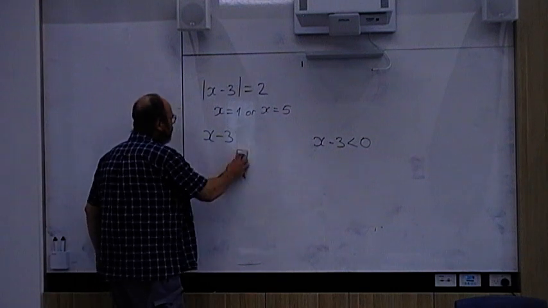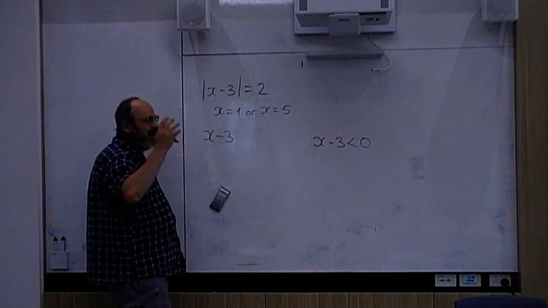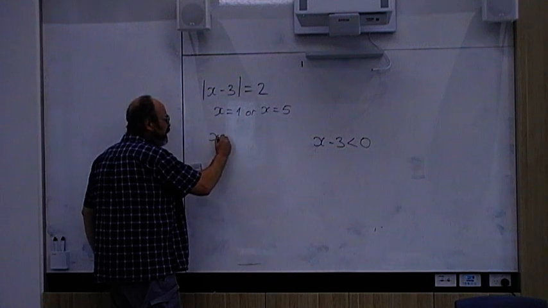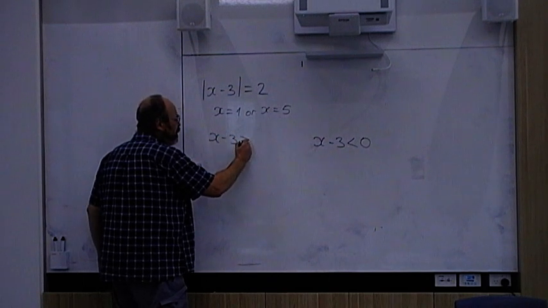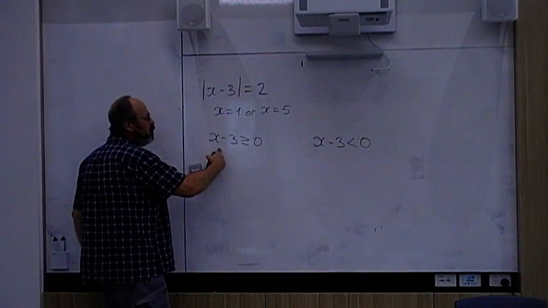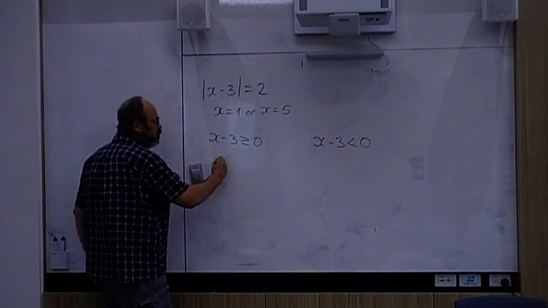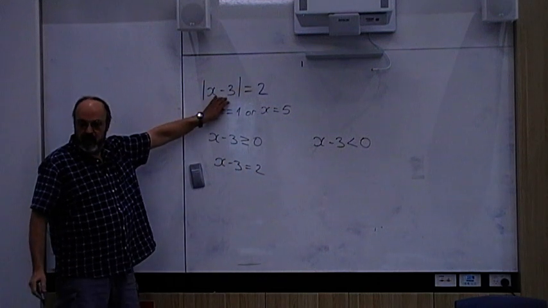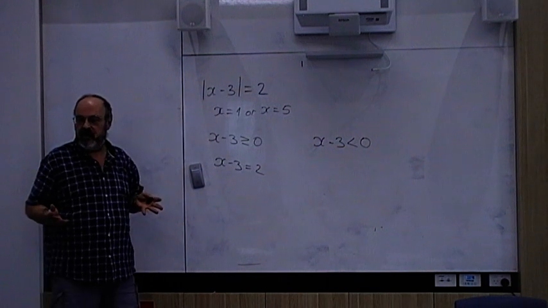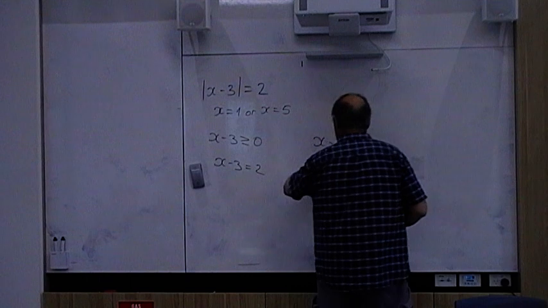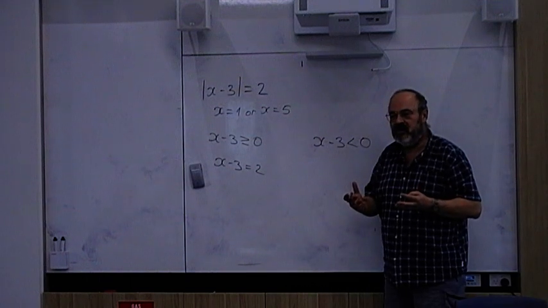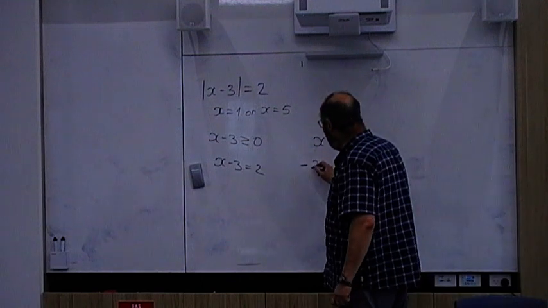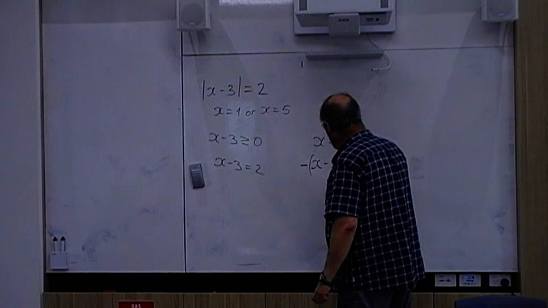When we have x minus 3 greater or equal 0, in this case we can just drop the modulus. We have x minus 3 equals 2, because the number inside is positive. Modulus doesn't change anything. But when we have a negative, what does modulus do with a negative? It makes it the same but positive. So that will become negative x minus 3 equals 2.